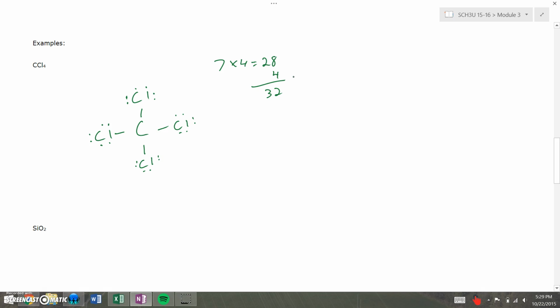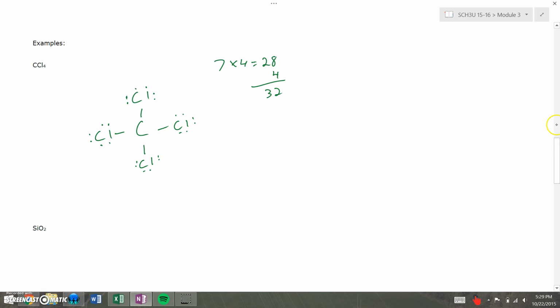So I need to have 32. Each of these bonds counts for 2, so 2, 4, 6, 8, 10, 12, 14, 16, 18, 20, 22, 24, 26, 28, 30, and 32. So this is my completed Lewis structure for carbon tetrachloride.